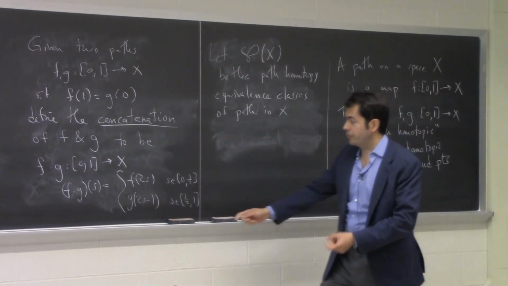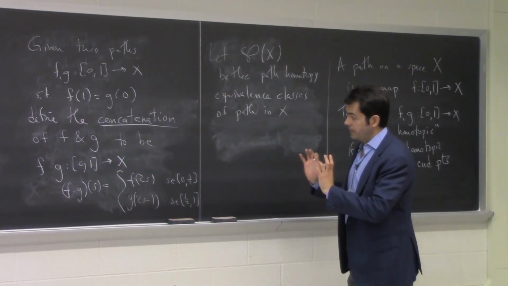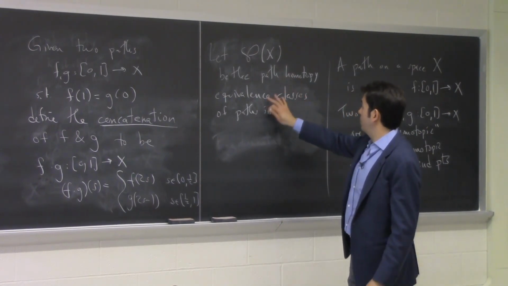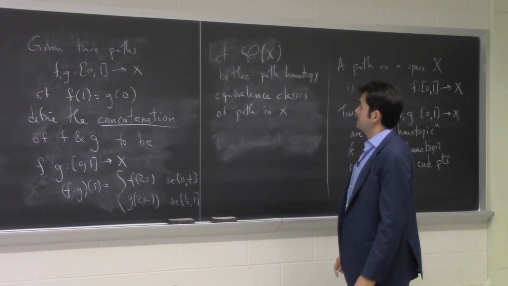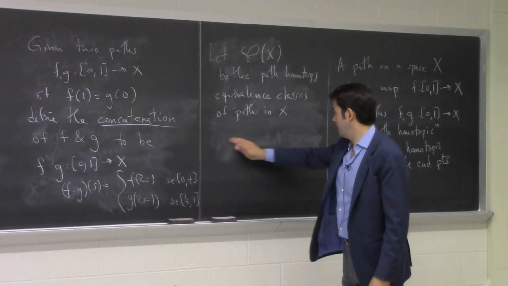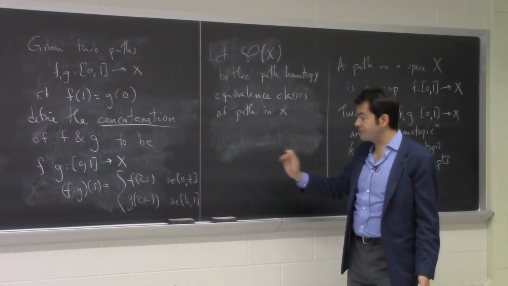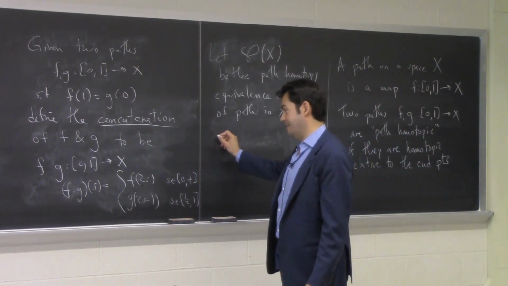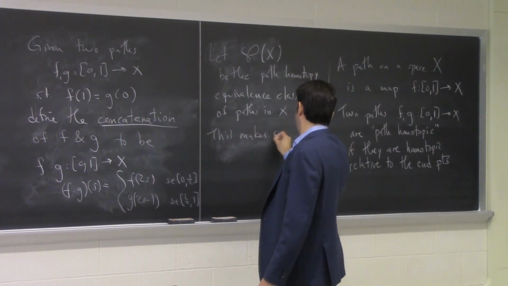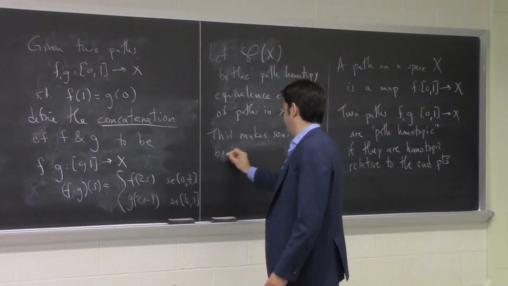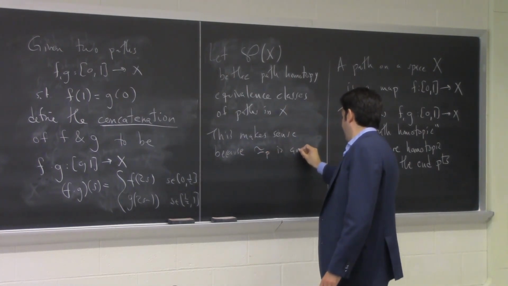These are just the maps from [0,1] to X. And now we're going to assign to each path the path homotopy equivalence class. Okay, and I'm getting ahead of myself because I haven't shown that this is an equivalence relation. So let's check that it's an equivalence relation. Right, this makes sense, because path homotopy is an equivalence relation.